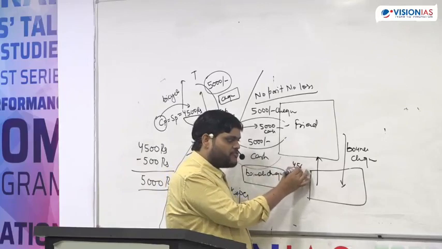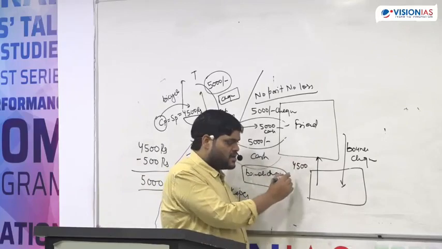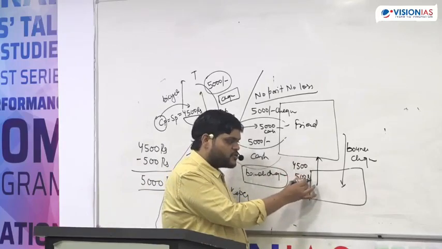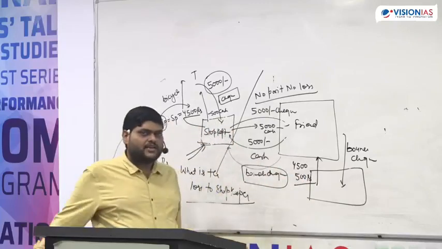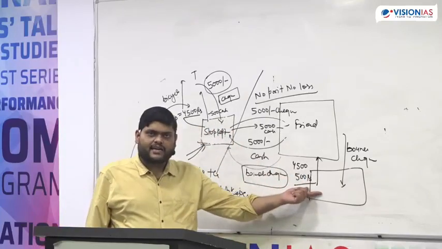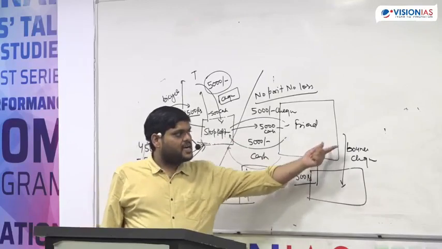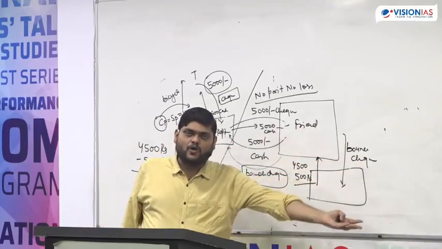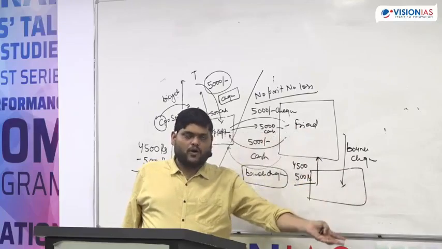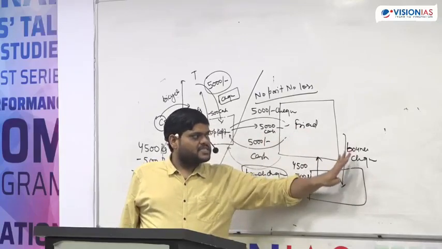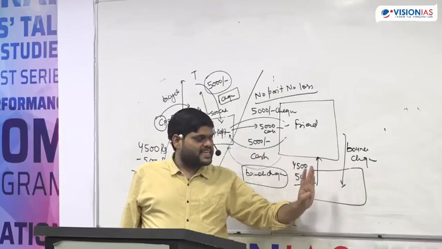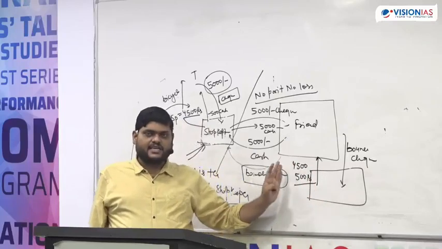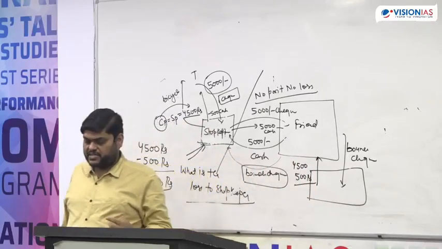A cycle of 4,500 rupees and 500 rupees. This is the total money going from the shopkeeper's pocket. And the shopkeeper is getting a check which is going to bounce next day. That means the shopkeeper is getting nothing, but is giving 5,000 rupees. You can think like this.